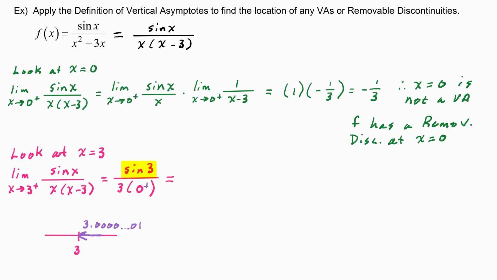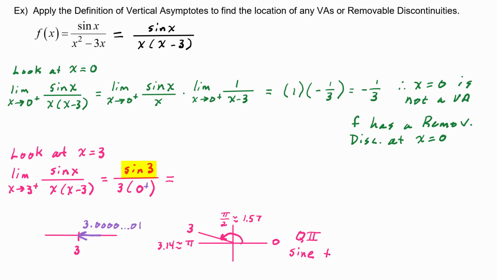And so for that, we can think about the unit circle. We know this would be 0. This is pi over 2, which is approximately 1.57. This is pi, which is approximately 3.14. So then an angle of 3 is going to live here. And we know that in quadrant 2, sine is positive.